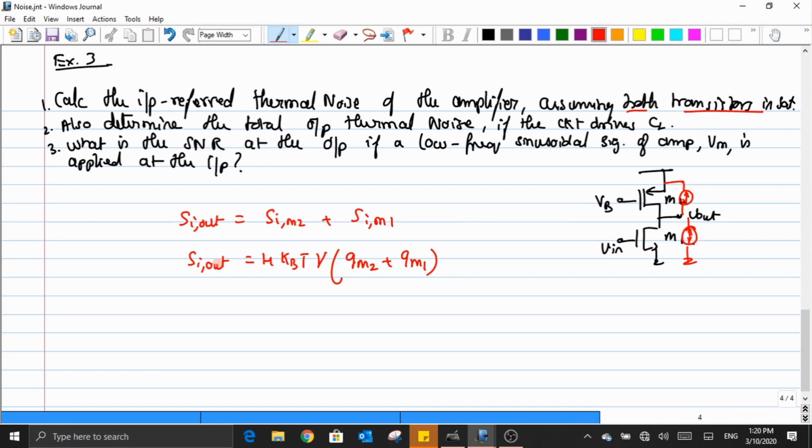Okay? So the transfer function to convert an output current to an input voltage is 1 by gm. We are moving in the opposite direction. Due to which I have H of f, which is equal to 1 by gm of which transistor? M1 or M2? M1. So I have to put this M1 here.